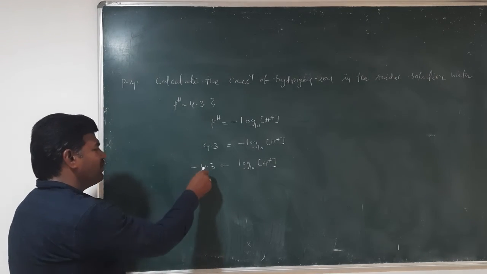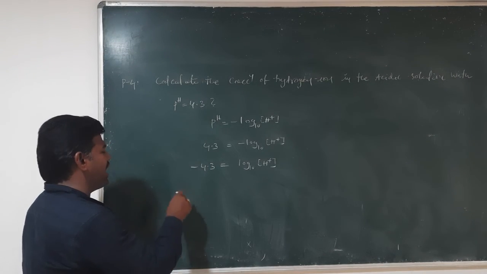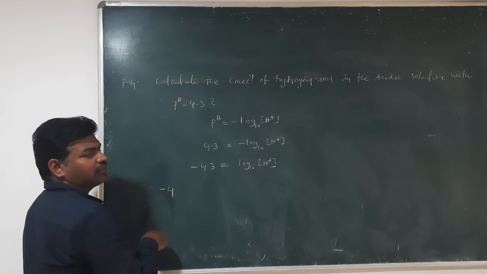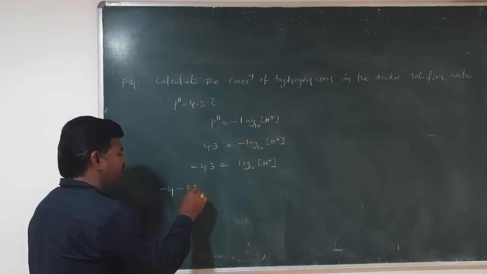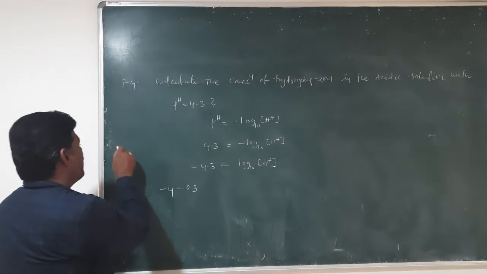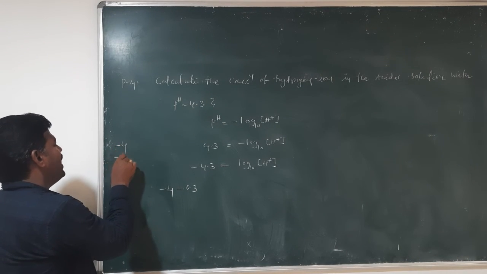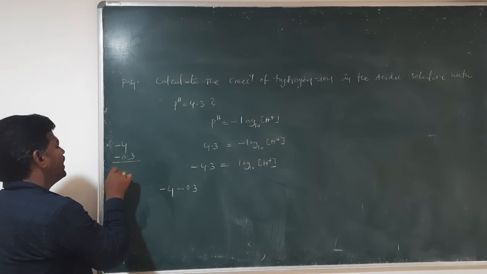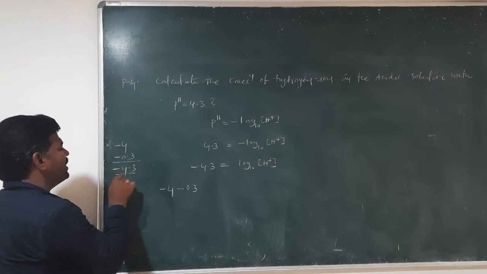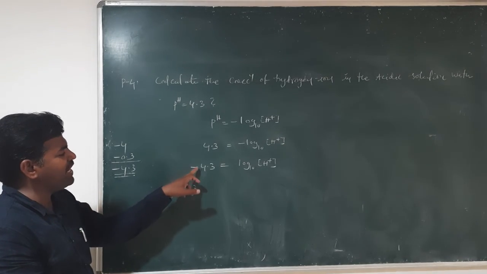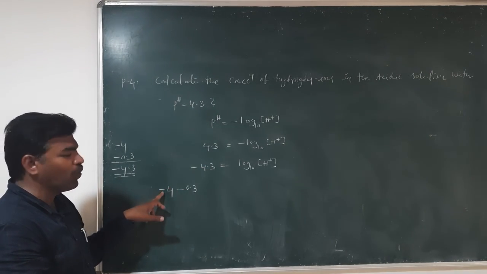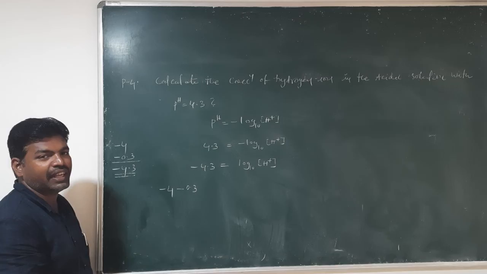Minus 4.3 can be written as minus 4 minus 0.3. That's why I shall write minus 4.3 as minus 4 minus 0.3.